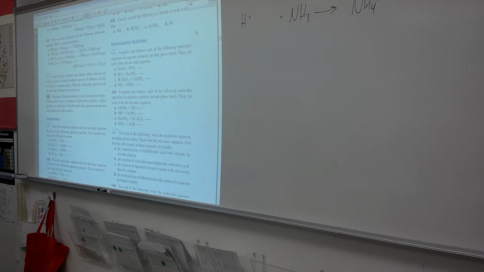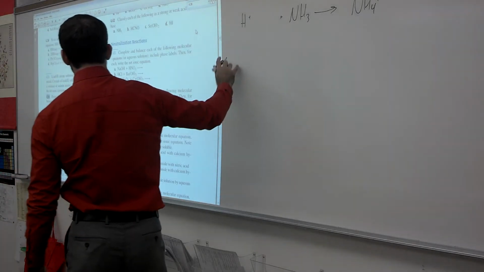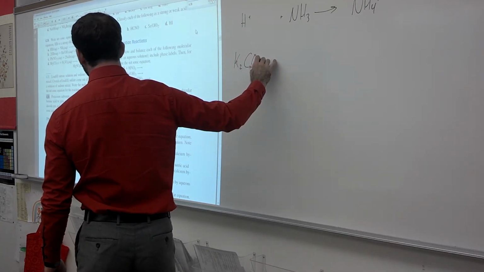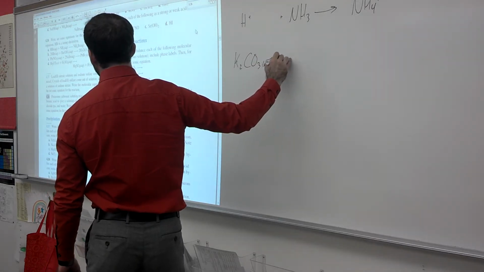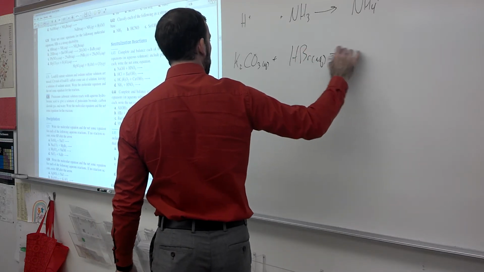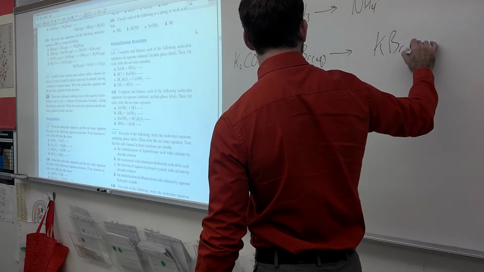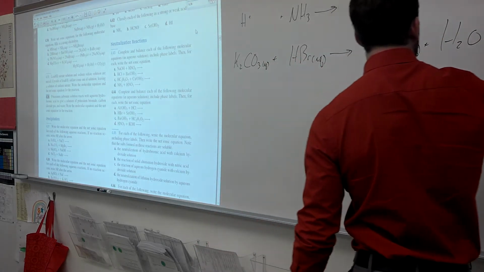Potassium carbonate solution reacts with aqueous hydrobromic acid to give a solution of potassium bromide, carbon dioxide gas, and water. The molecular equation. So we have potassium carbonate, and we're adding that to some aqueous hydrobromic acid. It tells us it's going to make potassium bromide, which is aqueous, and then water and carbon dioxide, gas and liquid.